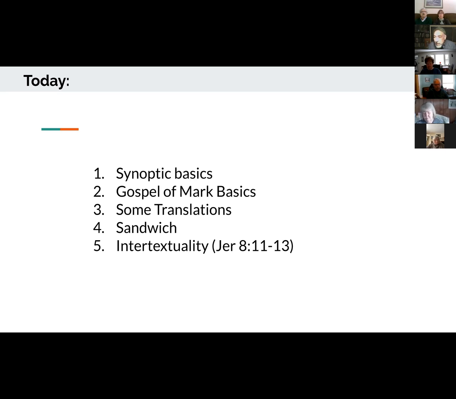Then a very quick look at the basics of the Gospel of Mark. Then we'll look at the translations that Lori found for us. And then we'll talk about this sandwich, which is super interesting. We'll find out what that means later. And some discussion of intertextuality.